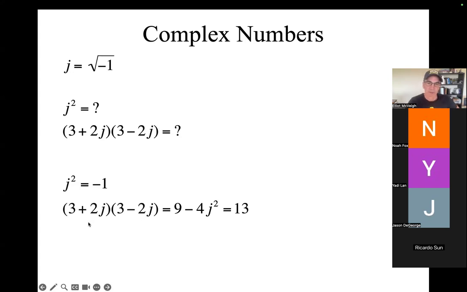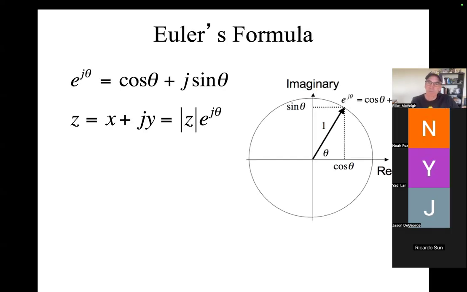And that turns into something like this, where when you multiply a j times a j, the j squared gives you the -1. And so this multiplication of these two complex numbers, they're two vectors in the complex plane, gives you a real number. So that's a point on the horizontal or the x-axis.